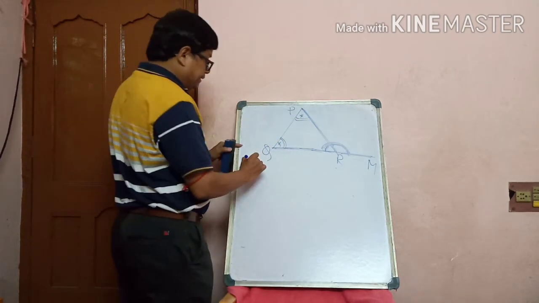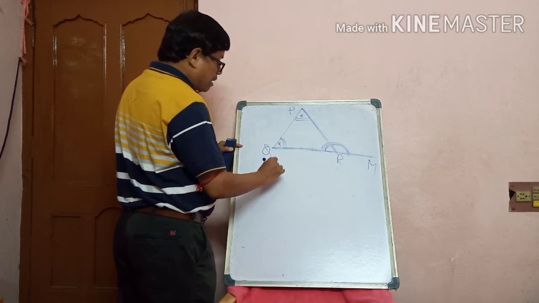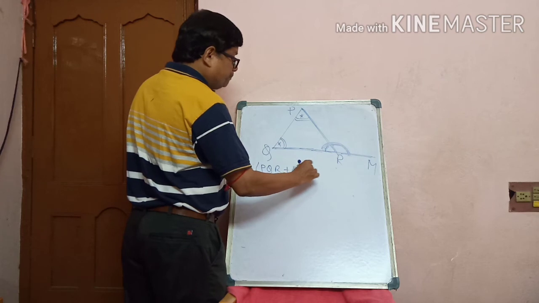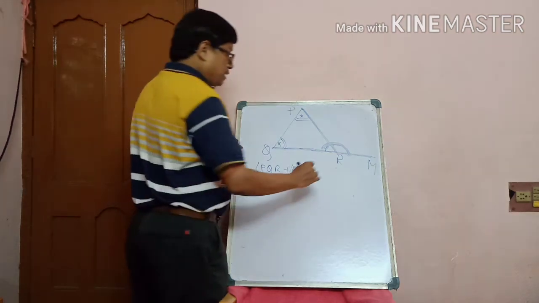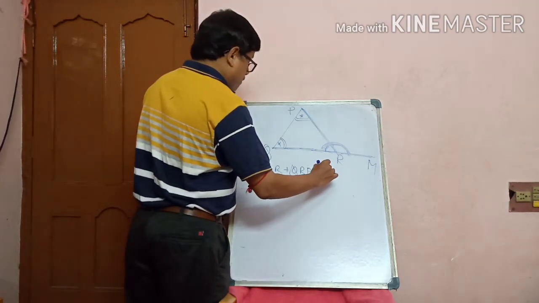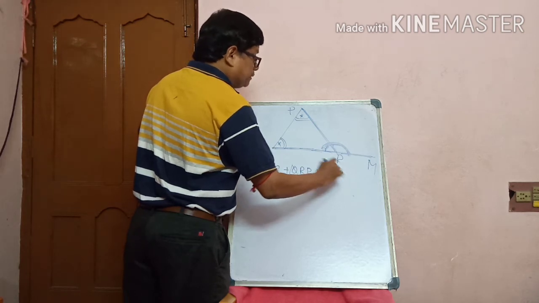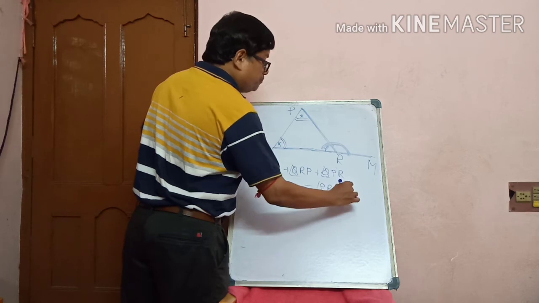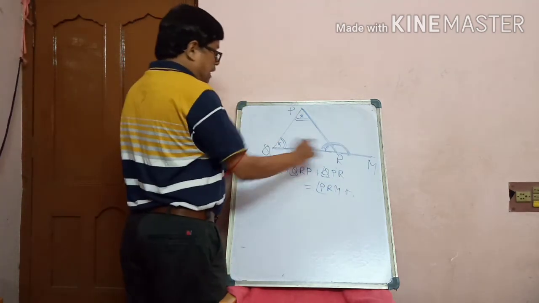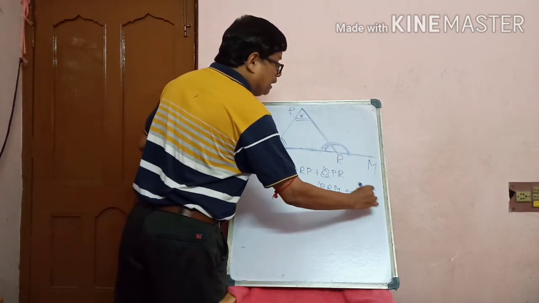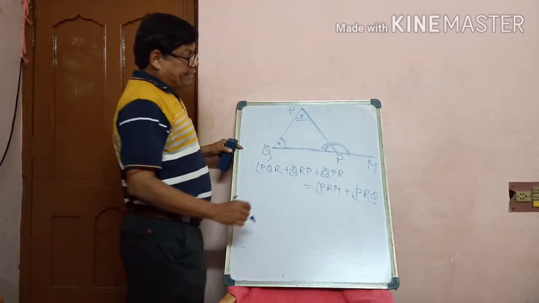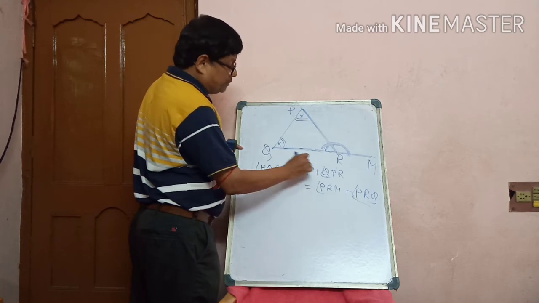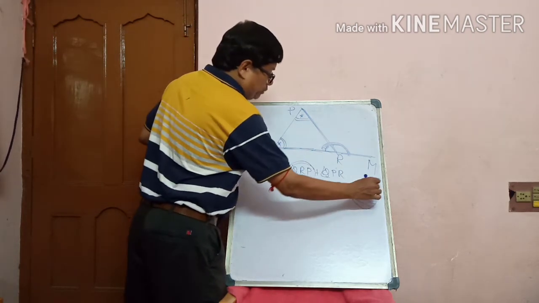So therefore we can write PQR plus QRP plus QPR equal to PRM plus PRQ. Look here, PRQ, both are the same. This angle on both sides is the same. So we cancel it from both sides.